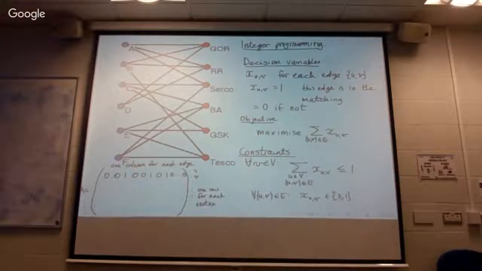So you get lots and lots of rows like this. But what is crucial is when you look at any one of the columns, how many ones are there going to be?